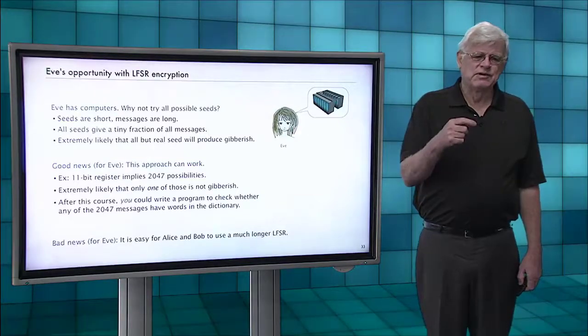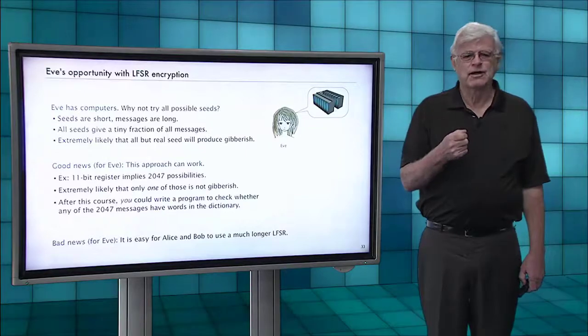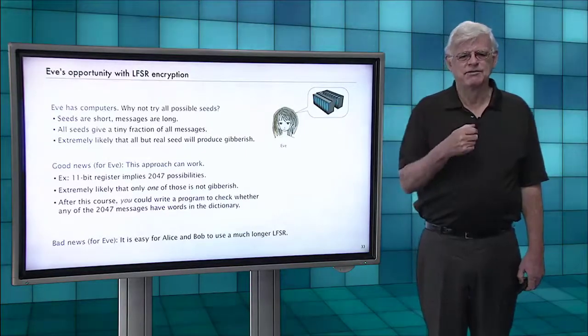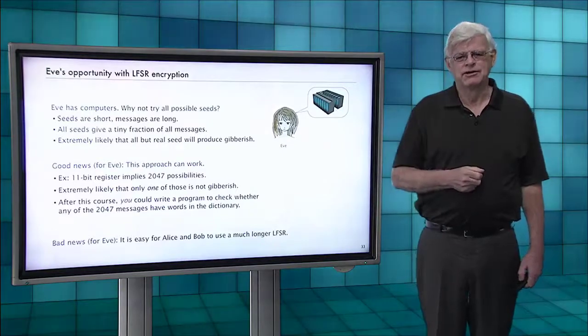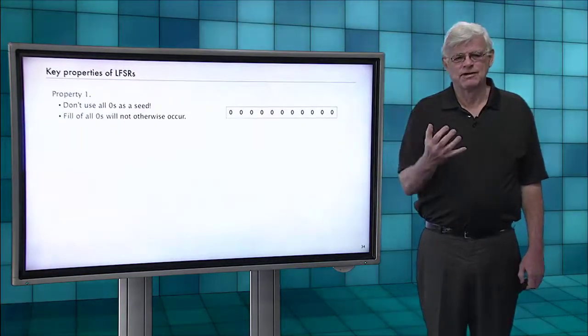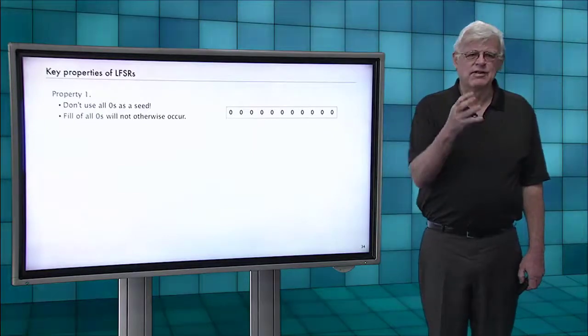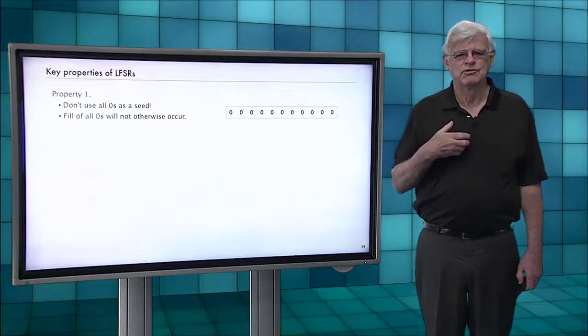But the bad news is that this problem scales for Alice and Bob, but not for Eve. It's really easy for them to use a much longer linear feedback shift register, which changes the situation for Eve. Just to see that, let's talk about a couple of key properties of linear feedback shift registers.